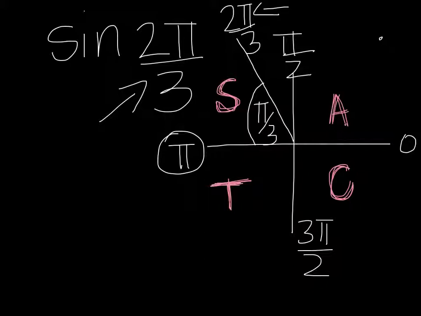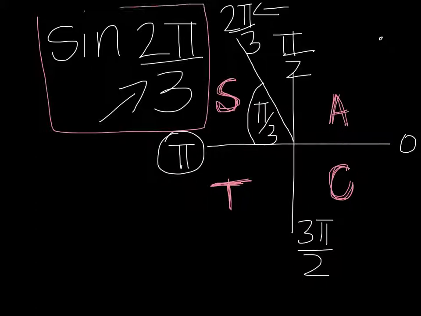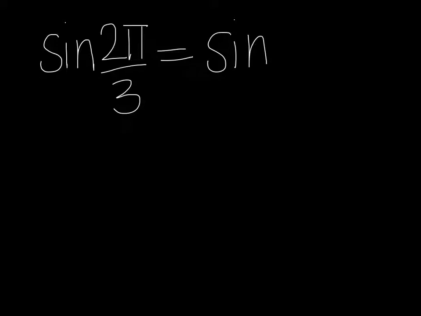Our next step is to rewrite this, and I'll show you how to do that. So we've got sine 2 pi on 3. This is the same as sine of pi take pi on 3.